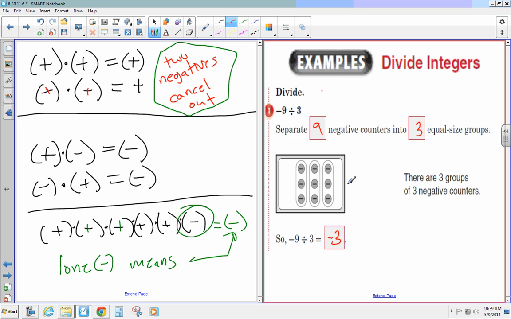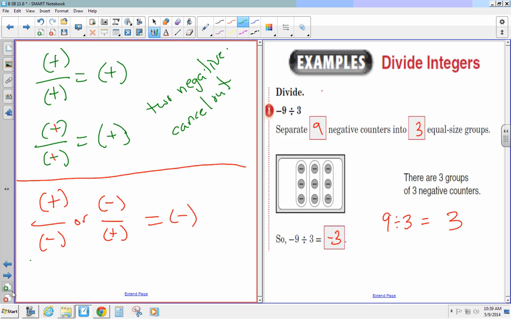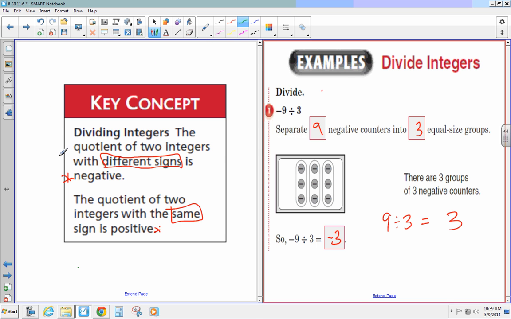Now honestly, you do not need to use counters. All you have to think of is 9 divided by 3 equals 3. And then take into consideration the fact that different signs means negative result. Negative divided by a positive gives us a negative 3 answer.